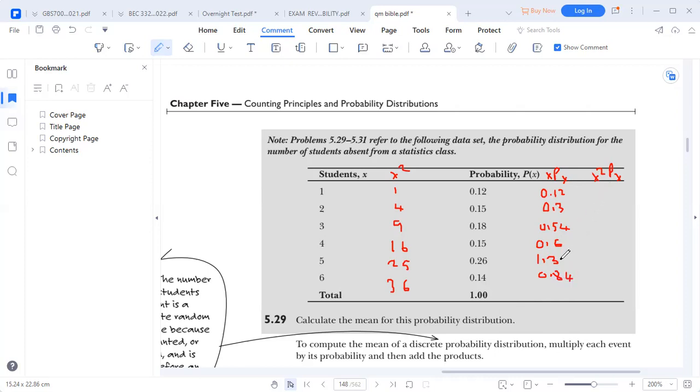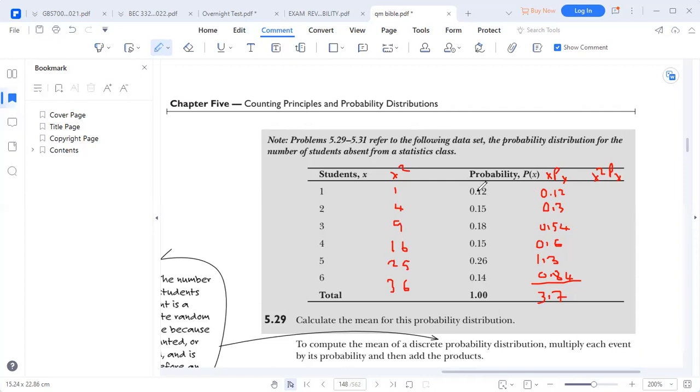Then we can add up here 1.3 plus 0.6 plus 0.54 plus 0.3 plus 0.12. We get 3.7. Is that what you got?